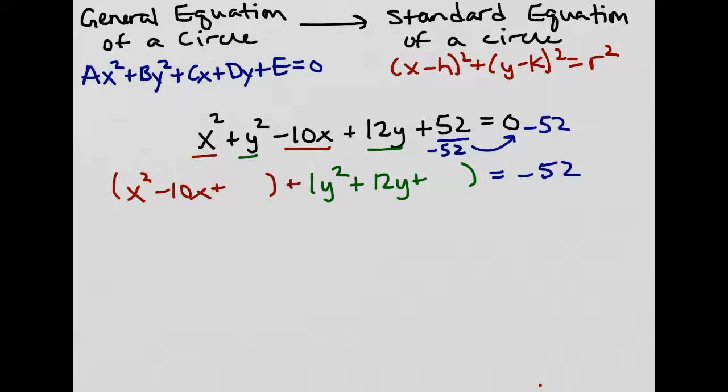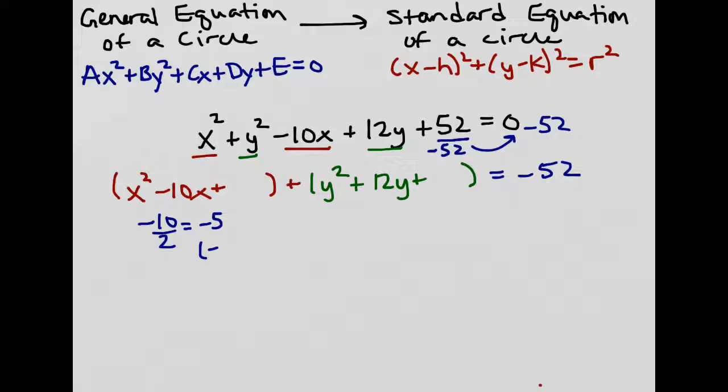Now when we complete the square, what we're trying to do is get a quadratic expression here that will result in a factor that's a perfect square. The way we do this every time is we say half and square. I'm going to take my b term, which is this negative 10, and divide it by 2, which gives me negative 5.